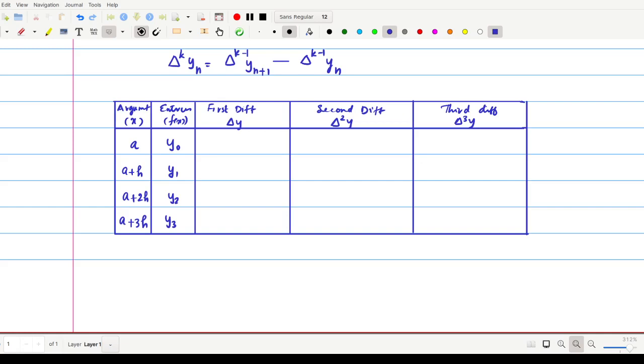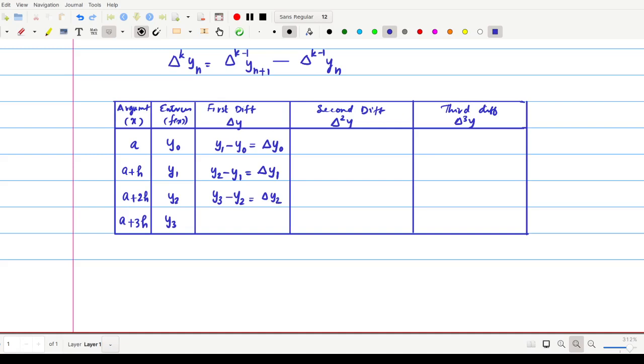Then delta y0 is defined as y1 minus y0. And here we have y2 minus y1, which is delta y1, and y3 minus y2, which is delta y2.